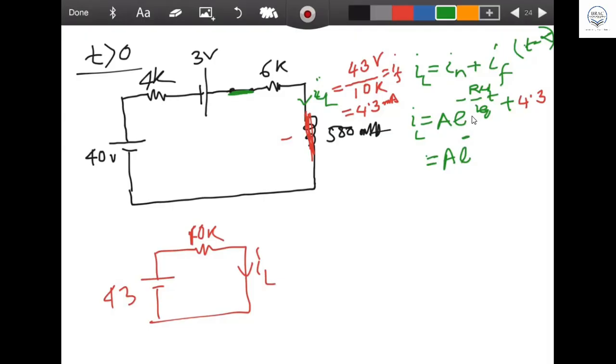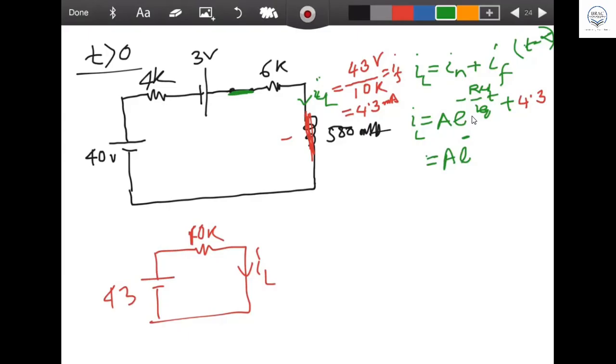R equivalent means in this circuit, you deactivate all the voltage sources, just like finding a Thevenin resistance, all the sources should be deactivated and find the R. So what will be the value of R? The 10K, good. R is 10K.